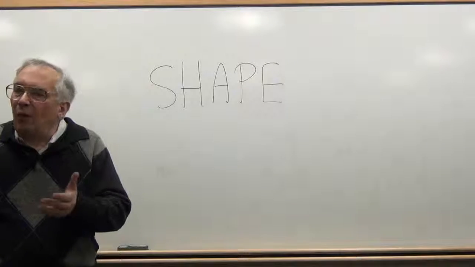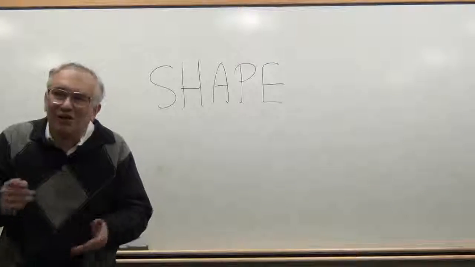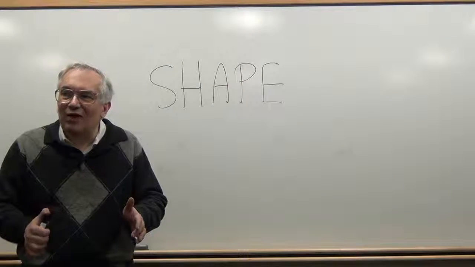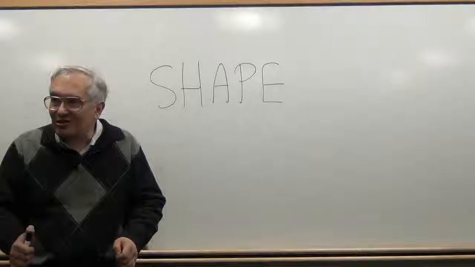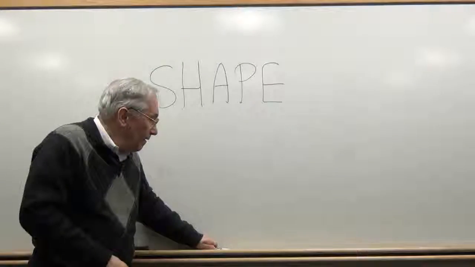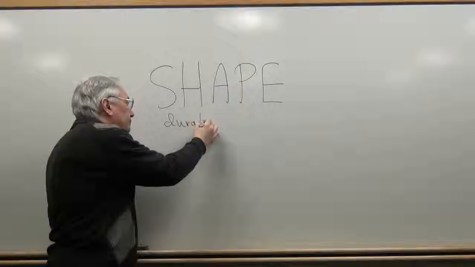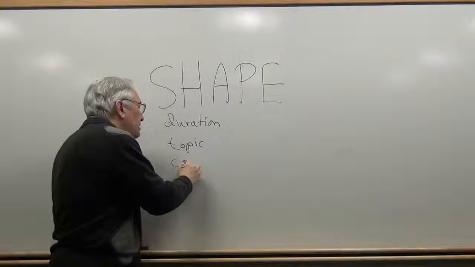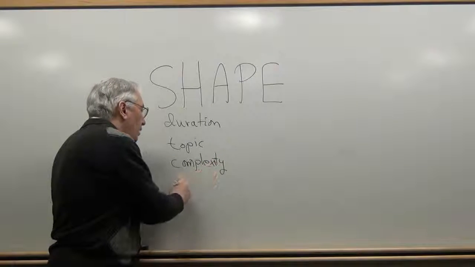Shape is what space in your life the game occupies. I don't mean shape of the box or the unit counters. Someone has tried to use hexagonal unit counters to go with the hexagonal spaces. What do we mean by shape? Well, shape is such things as duration of play, topic, complexity, appearance.